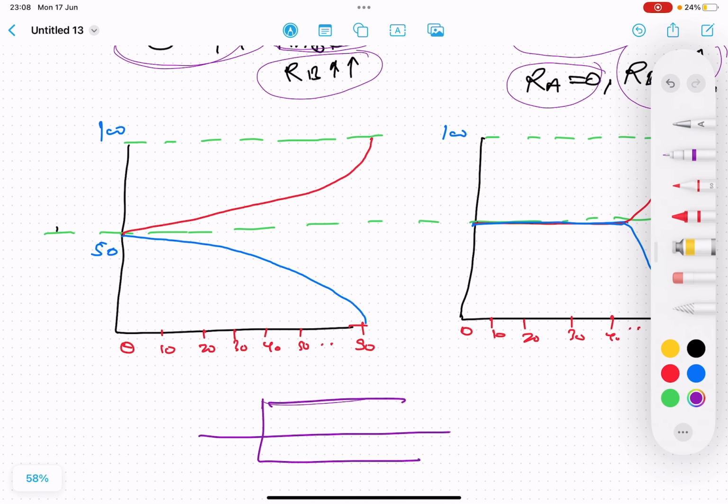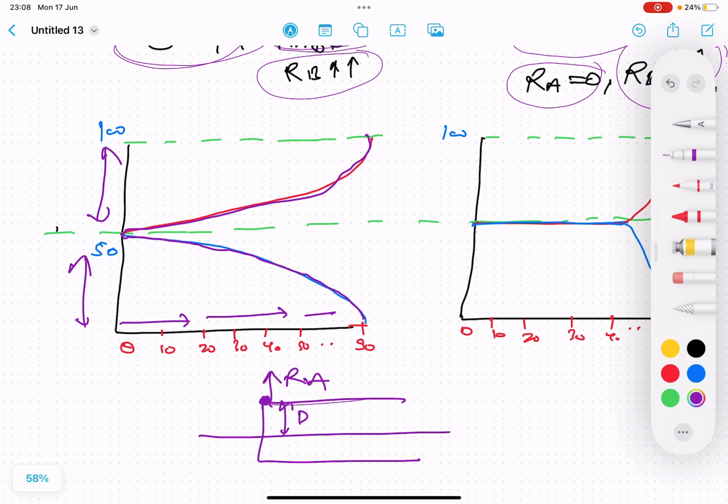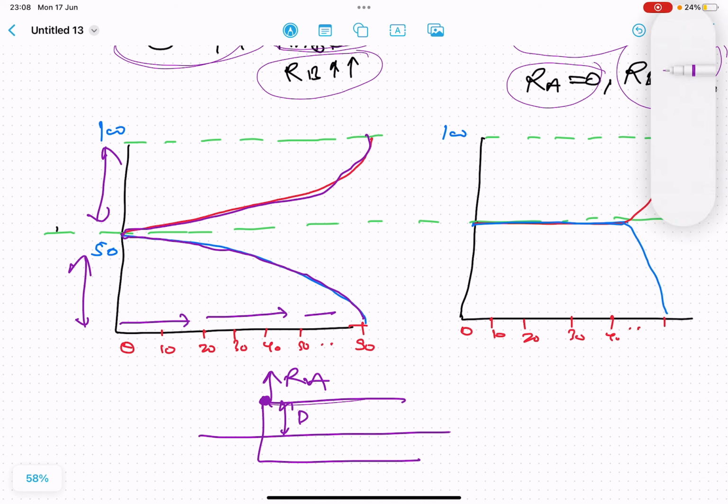If this is the COG line and we are taking the lifting point for the assisting crane at a distance d from the center line, then what happens, as initially the load is equal on both the cranes, 50-50, but as the theta keeps on increasing, then basically the load on the assisting crane keeps on decreasing, and the main crane keeps on increasing. There is a gradual transfer of the load.